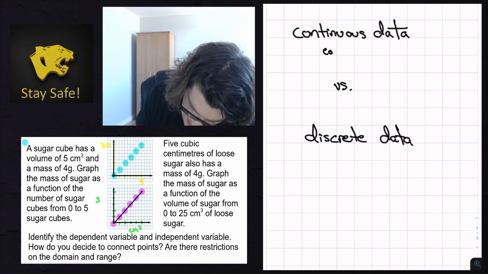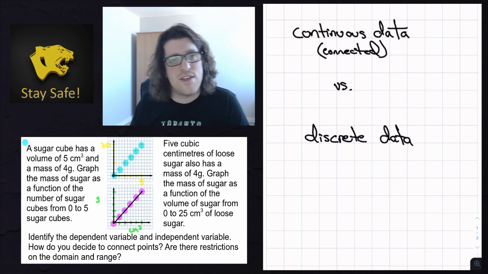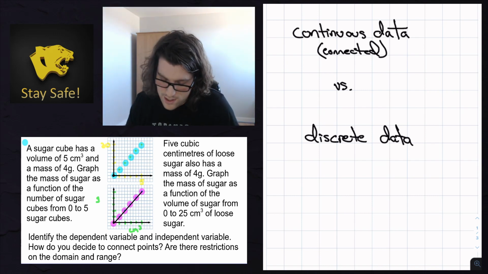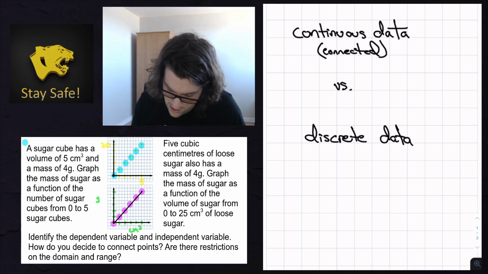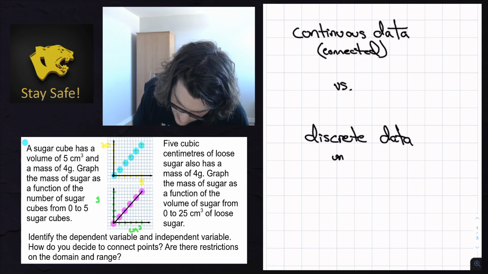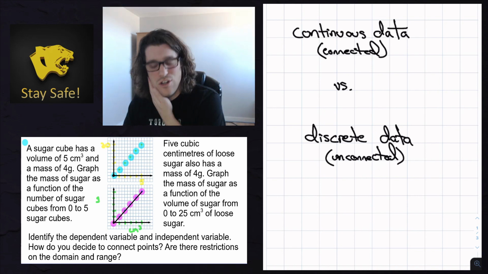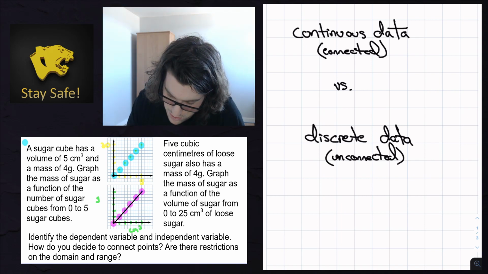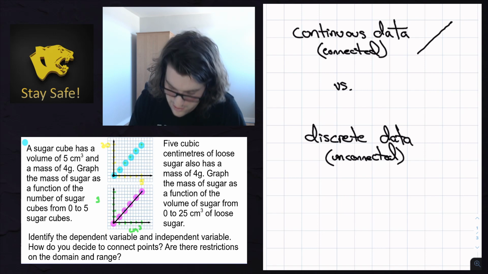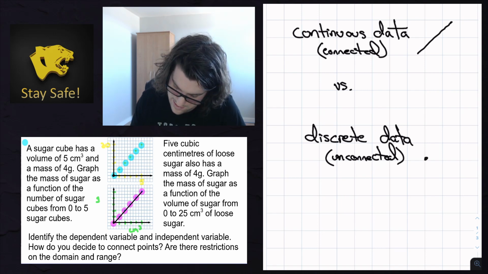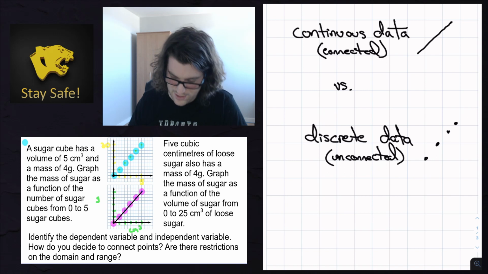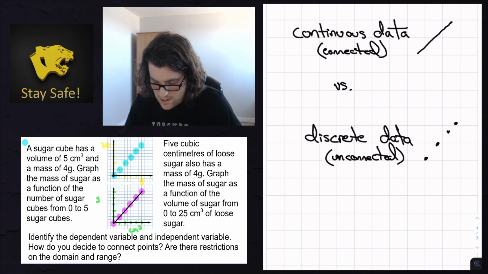Continuous data is connected, and it means that there is a reason to connect it. Otherwise, you shouldn't really do that. Discrete data is unconnected, again because there is a reason why this data is and should be unconnected. So continuous data is going to look like this. Discrete data is going to look like this for a similar situation.